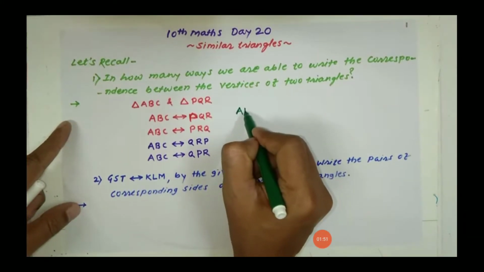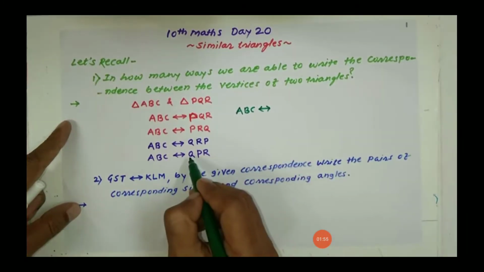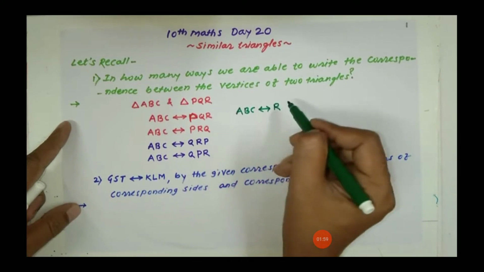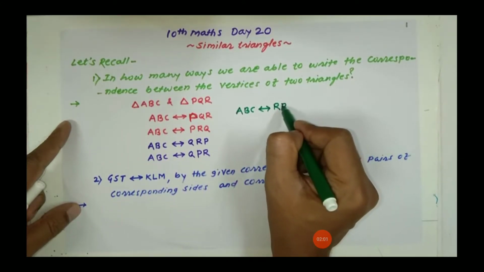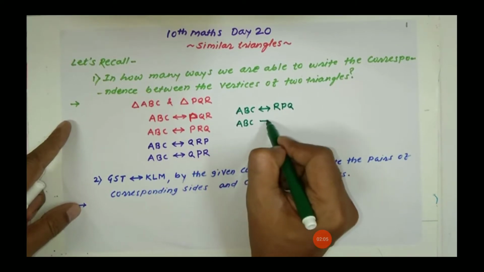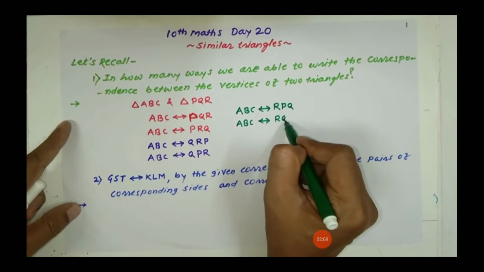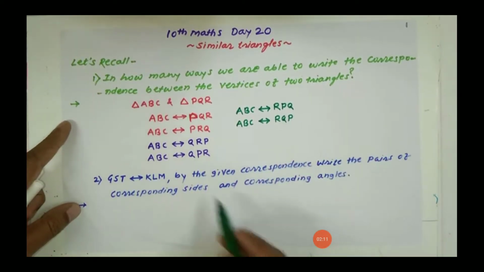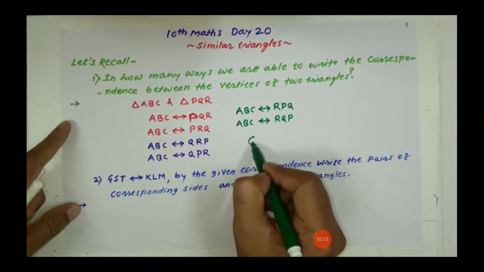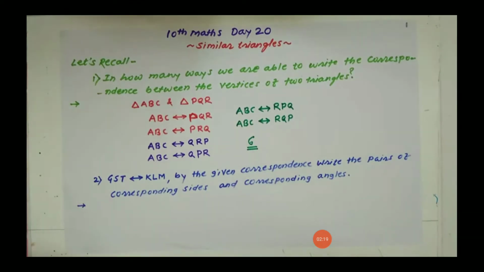See, ABC. Now first take the vertex R, then P, Q, and ABC corresponding to R first, change PQ, then it is QP. So how many ways to write the correspondence? There are 6 ways. Okay, so this is the answer for the first question.